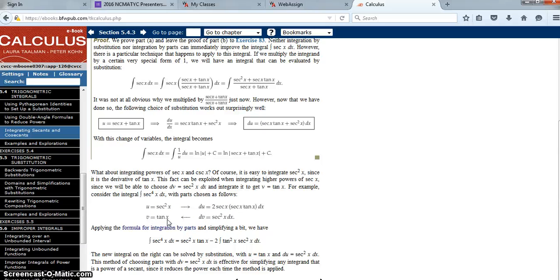And so by doing that, this is a secant to the fourth x. We get a secant squared x. Tangent x is our u times v. And then we get a v du. So that gives us this thing, which we have a little bit more manipulation to do from here to solve this. So that's something that we'll play with in one of the hand worked out problems.